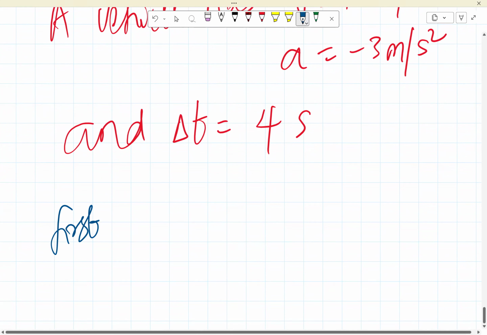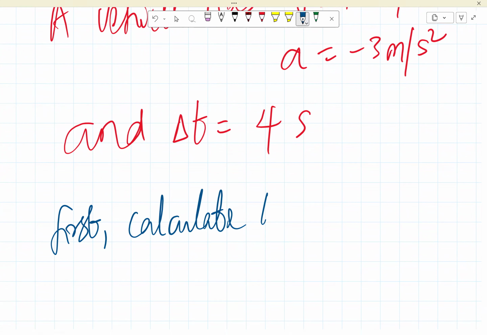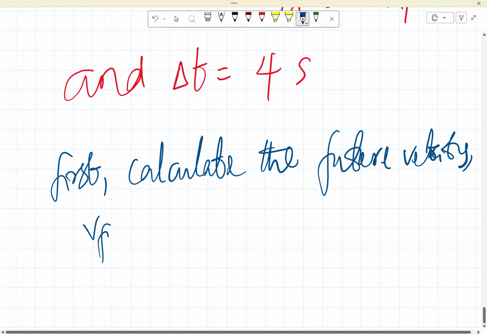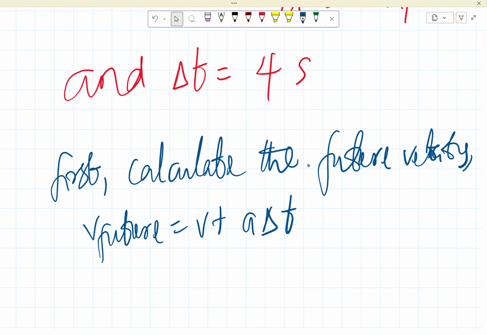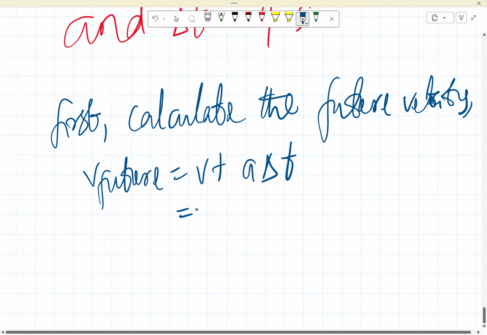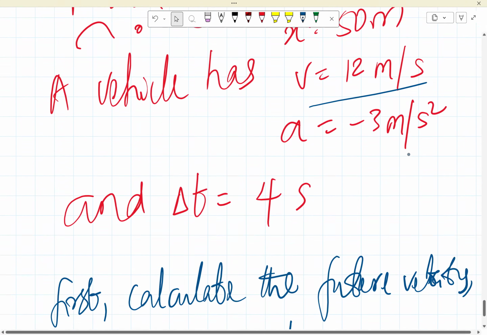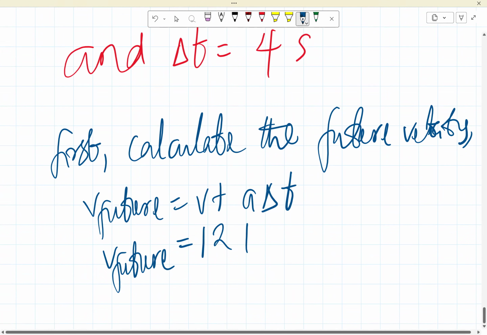So first, we need to calculate the future velocity after 4 seconds. So v future is equal to v plus a times change in time. So v future is equal to the velocity we have, 12 meters per second.